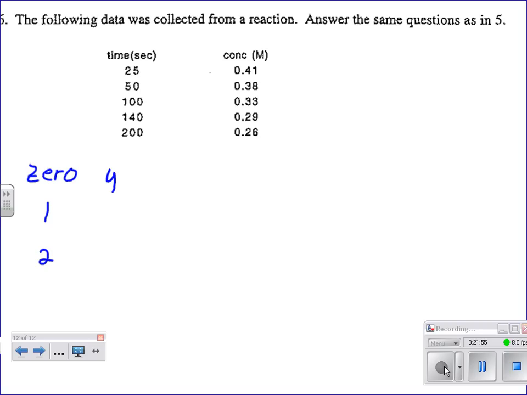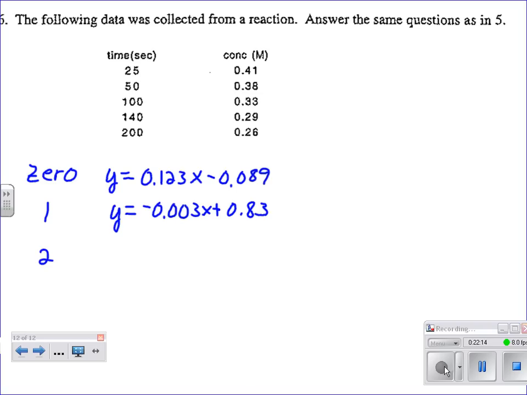You should have gotten y equals 0.123x minus 0.089 for zero order, and for first order, y equals negative 0.003x plus 0.83, and then for second order, y equals 0.008x plus 2.232.